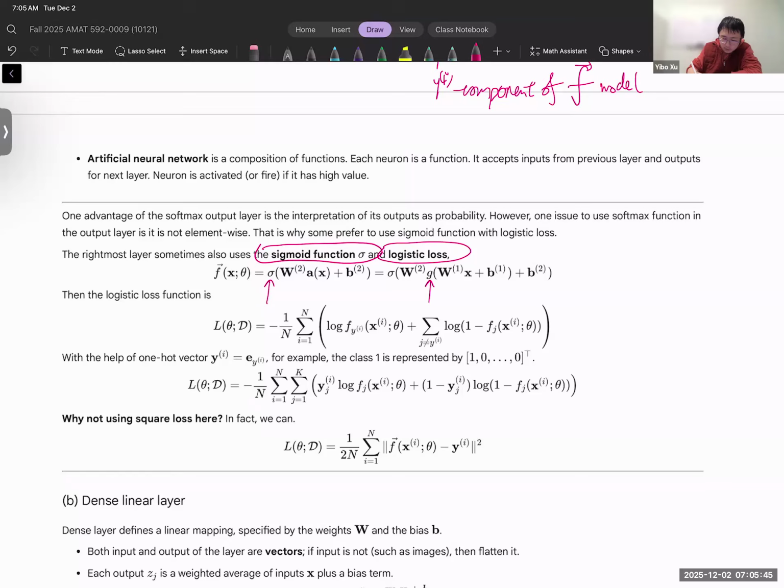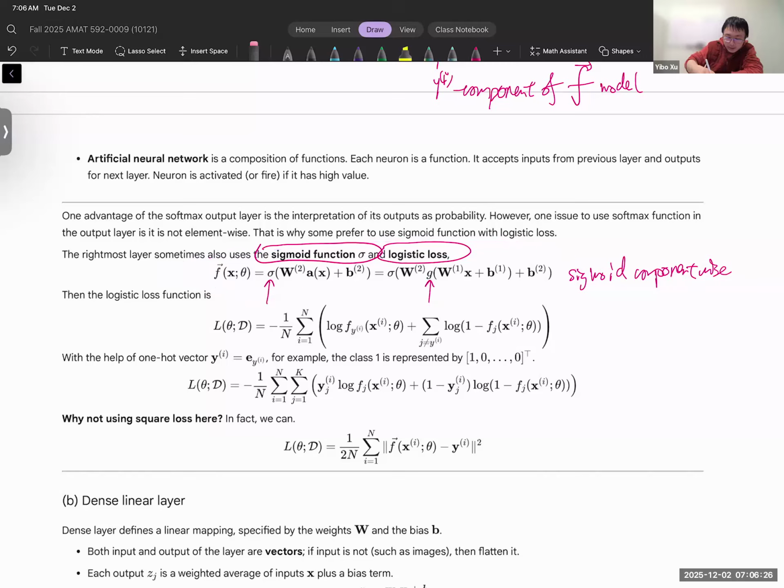If it's component wise, it's possible that in this vector you have multiple components that are close to one. Then the problem is that for that particular data point, let's say the first and second components are close to one. It tells you they are classified as both class one and class two. But that doesn't make sense.